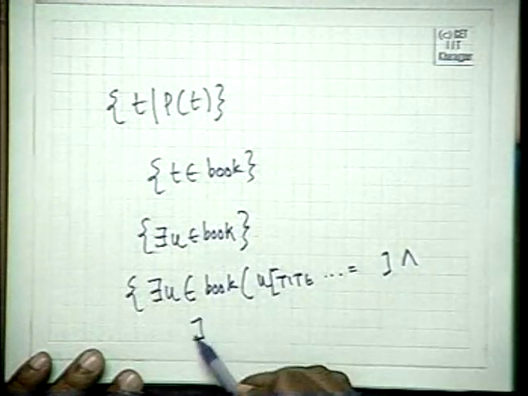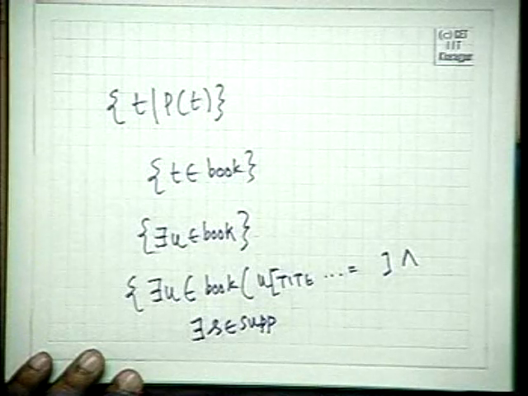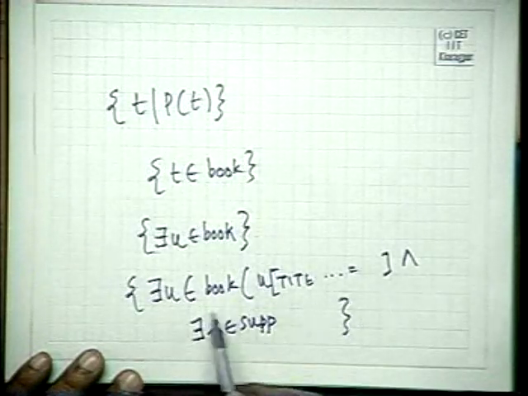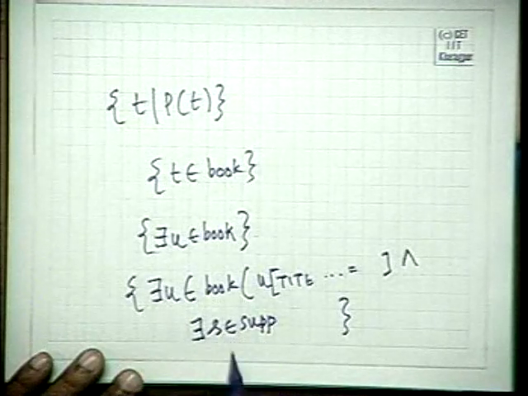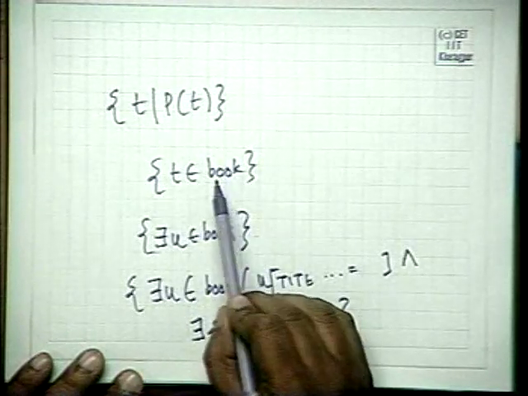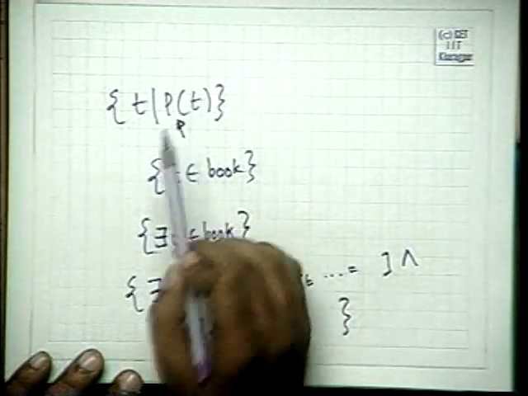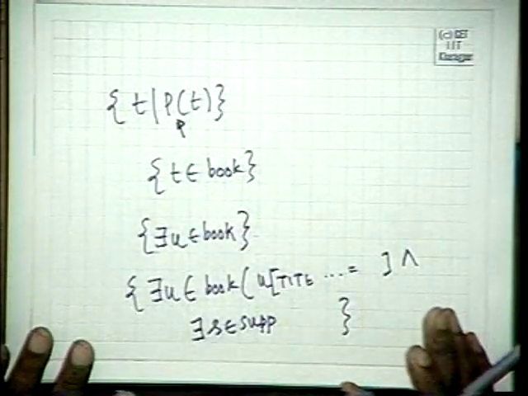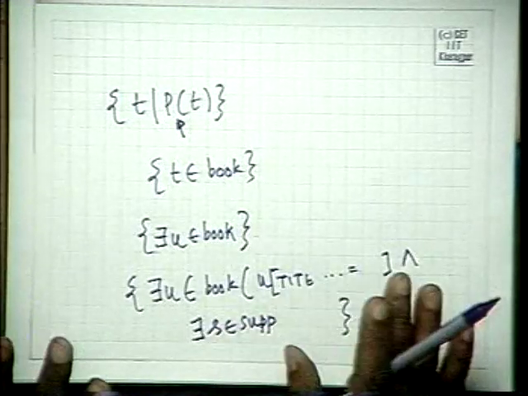and there exists s element of supplier. Then the domain of this whole expression is the domain of book and the domain of supplier. That is, all the relations which are used in this particular expression, the union of their attributes, and let us say the Cartesian product of that is my domain.